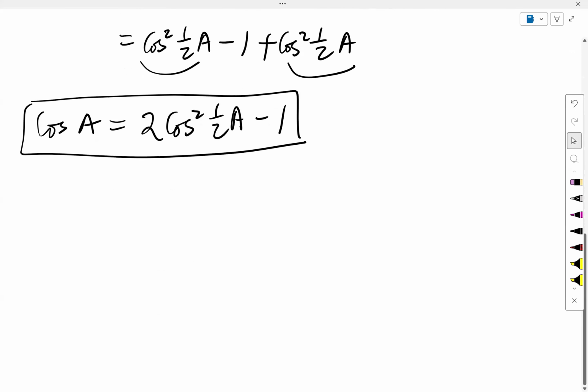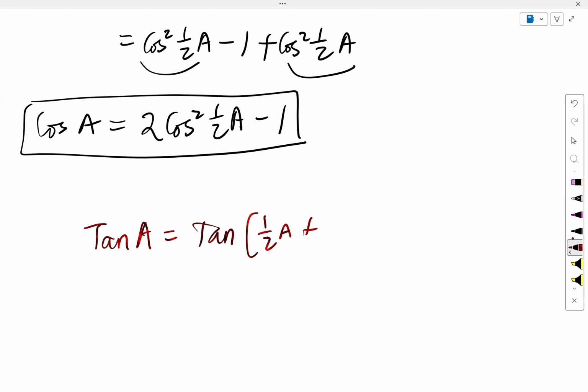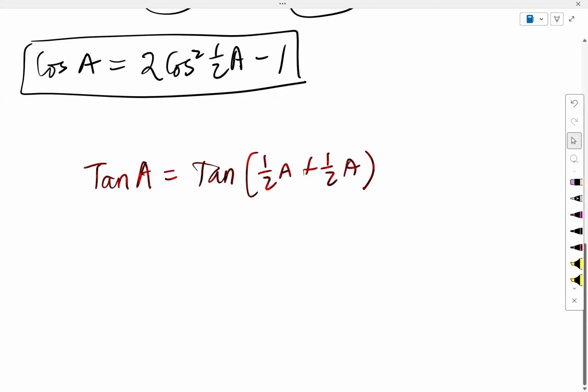And we know that tan can be sine over cos. But of course, we've had previous experience with tan. So we can actually tackle this separately. So we have tan A now. Tan A is the same thing as tan of half A plus half A. Of course, it's the same as A over 2, like I said already.